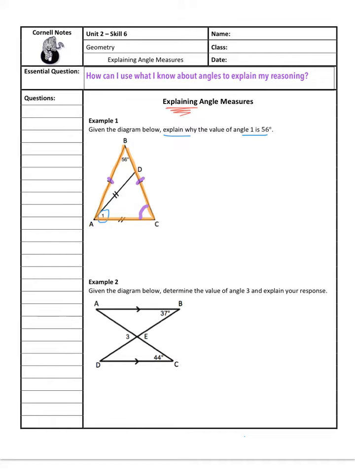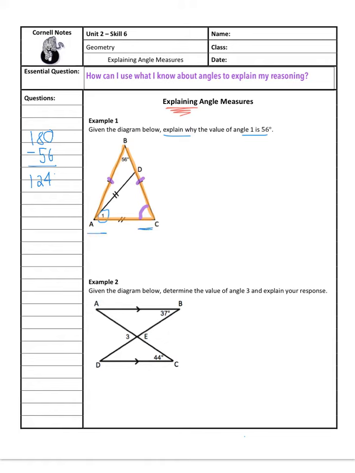And how we'd go about this is the first thing we know is that triangles have to add up to 180. So I'm going to do 180, take away that 56 from my vertex angle, and in doing so, I'm going to be left with 124 degrees. Now, remember, that means that this angle is not 124.